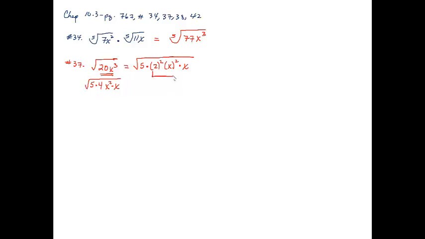Now the 2 squared and the x squared get canceled out. Remember, the power and the root, if they're exactly the same, cancel out, and they come outside. So 2x comes out. However, the 5 and the other x could not cancel out, so they're still on the inside. So this is simplified down to 2x times the square root of 5x.